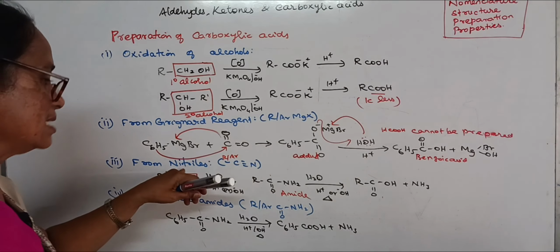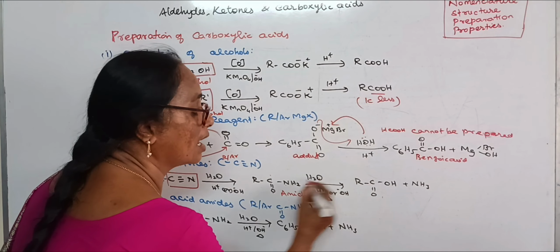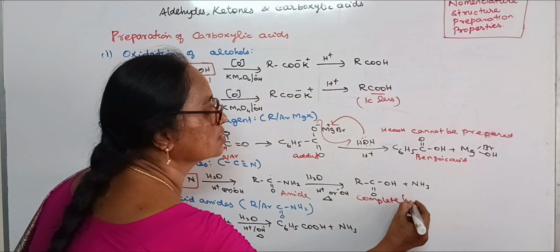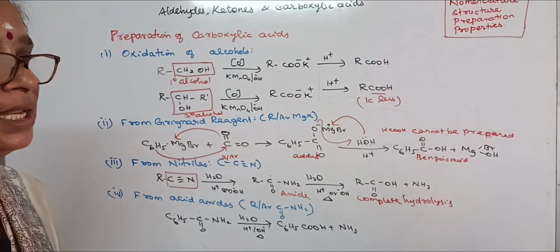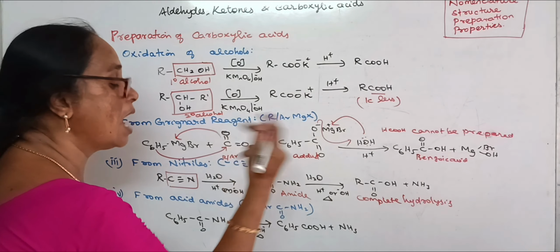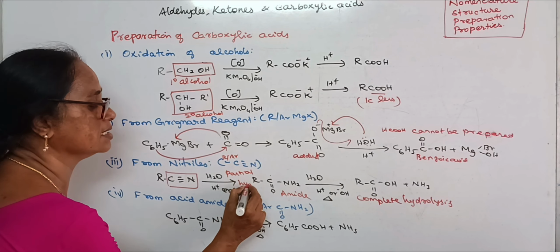So nitriles are converted into carboxylic acid, and this is said to be complete hydrolysis. Complete hydrolysis of cyanide gives carboxylic acid, while partial hydrolysis of cyanide gives amide. So this step is said to be partial hydrolysis.